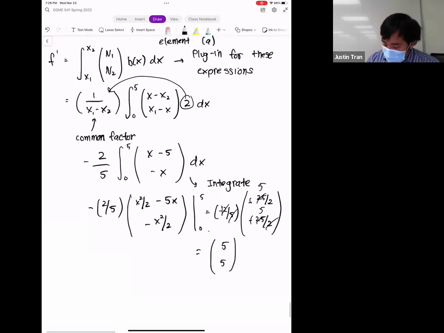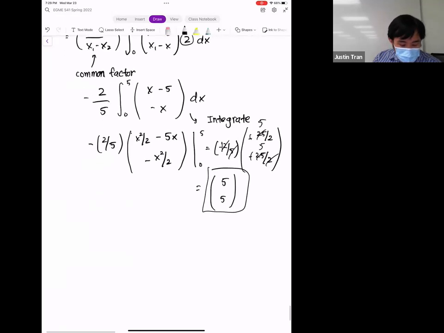All right. Now that we have our element stiffness matrix and our element forcing vector, we can put them all together.